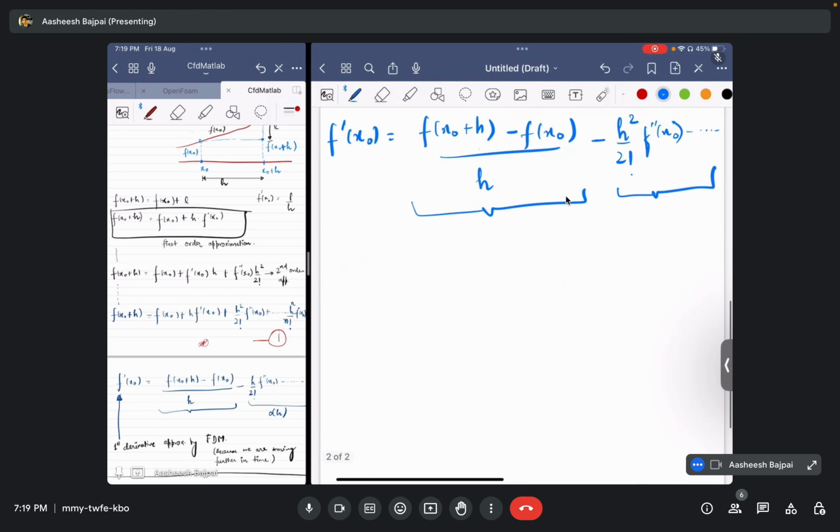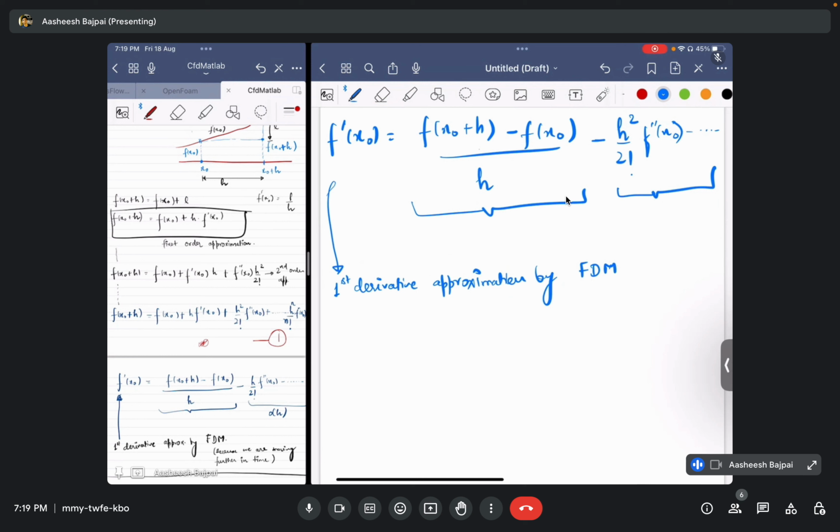So this is the first derivative approximation, first order approximation by the forward difference method.